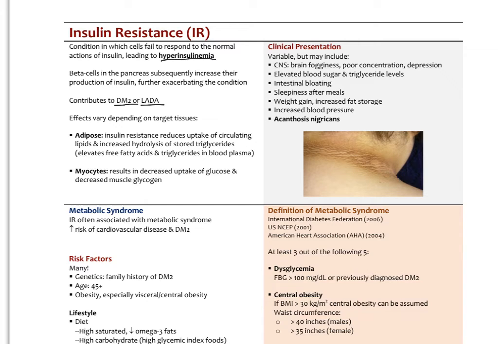The effects will vary depending on the target tissue. So in adipose, insulin resistance will reduce the uptake of circulating lipids and increase the hydrolysis of stored triglycerides. So basically it increases your blood triglycerides. So that's when you'll see people with insulin resistance, they typically have very elevated triglycerides. Now, triglycerides, typically anything over 150 milligrams per deciliter, we're concerned about.